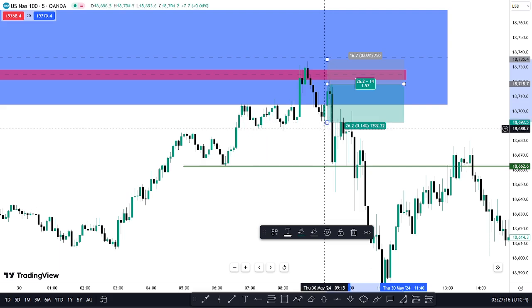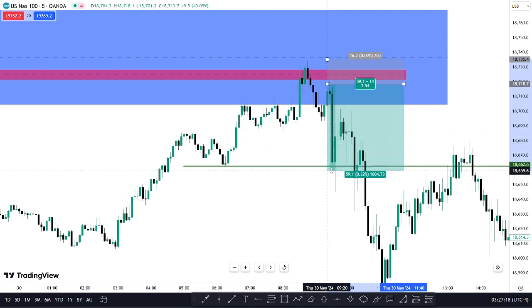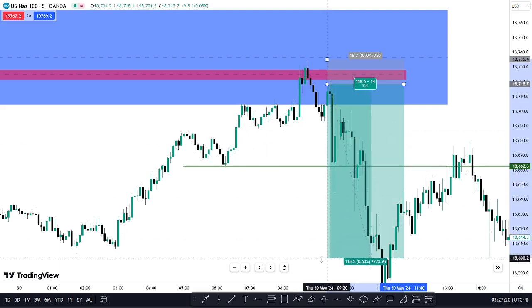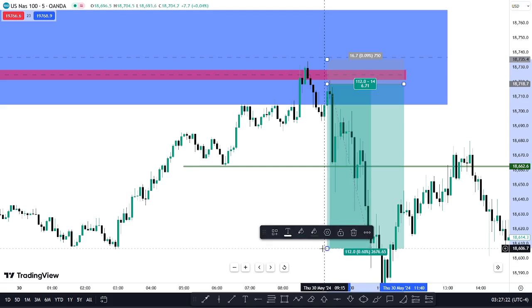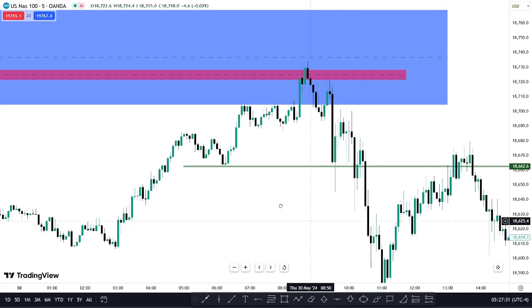It's not that you don't have a direction. Then this could have been 1:3, and you could have also gone for that low as well. You got your 1:6. Look at your pips being 112 pips right there.